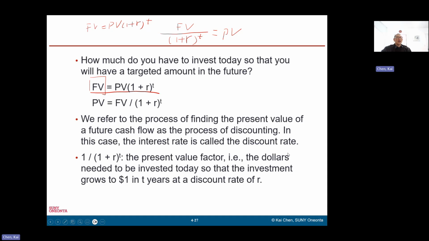So in finance, we usually say that we discount a future cash flow into the present value. Now, let's look again at the present value formula.